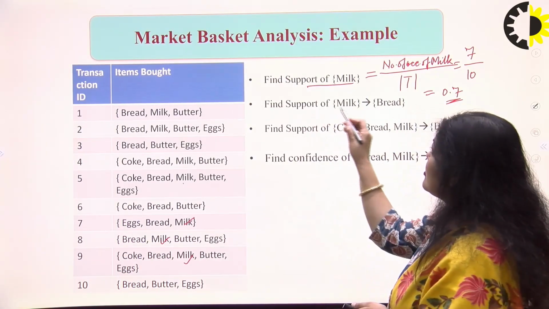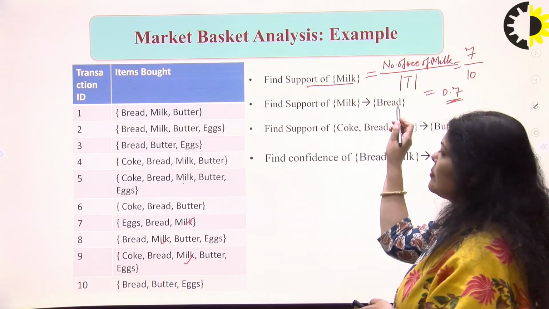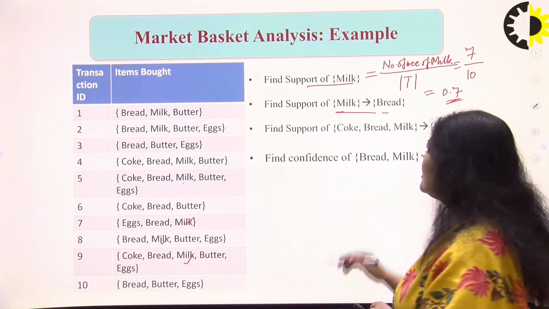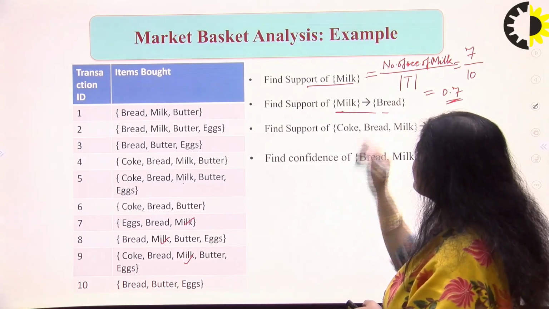Now to find the support of the association rule milk implies bread, we apply the same formula.